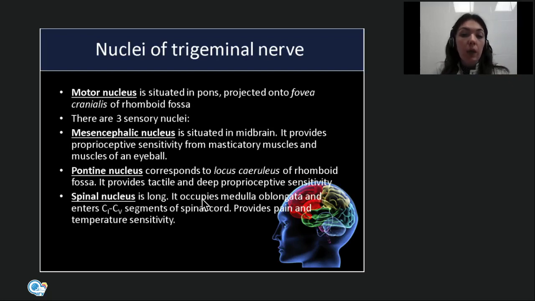It occupies the medulla oblongata and also enters the spinal cord, reaching even the 5th cervical segment, and it provides pain and temperature sensitivity. So there is no division due to the branches or the regions of nerve supply, but it is a functional division. Each nucleus performs a different function. Please try to remember that.